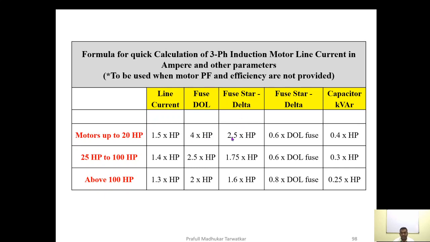Fuse for star delta starter should be 2.5 times the HP capacity, and for the fuse of the star delta starter with respect to DOL, it should be 0.6, and the capacitor required is 0.4 times HP. From 25 HP to 100 HP, the rating of the capacitor should be 0.3 times HP, and above 100 HP the capacitor requirement is 0.25 times the HP capacity.